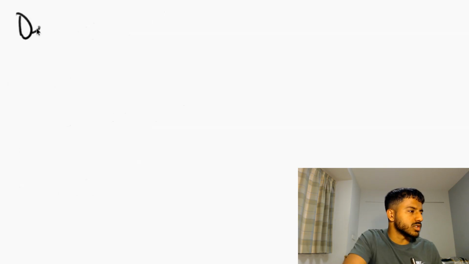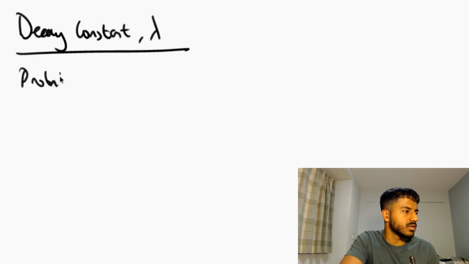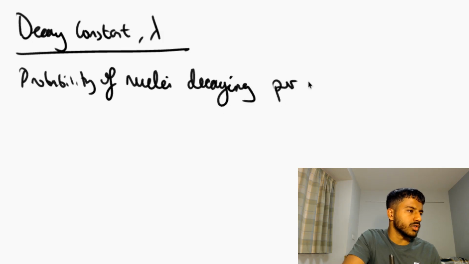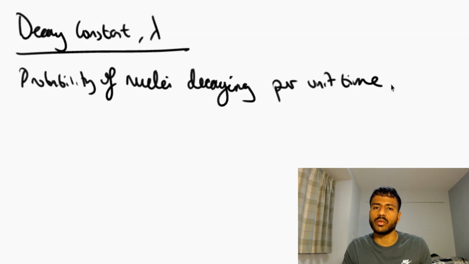Now your decay constant, which is also known as lambda, is the probability of nuclei decaying per unit time.